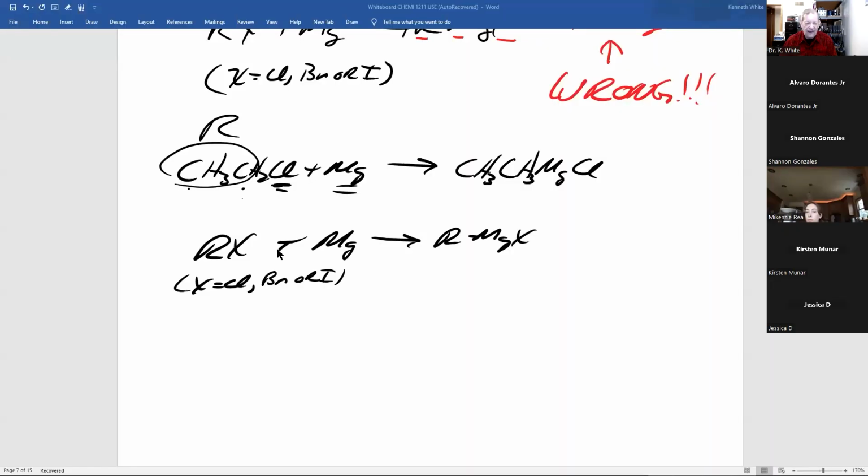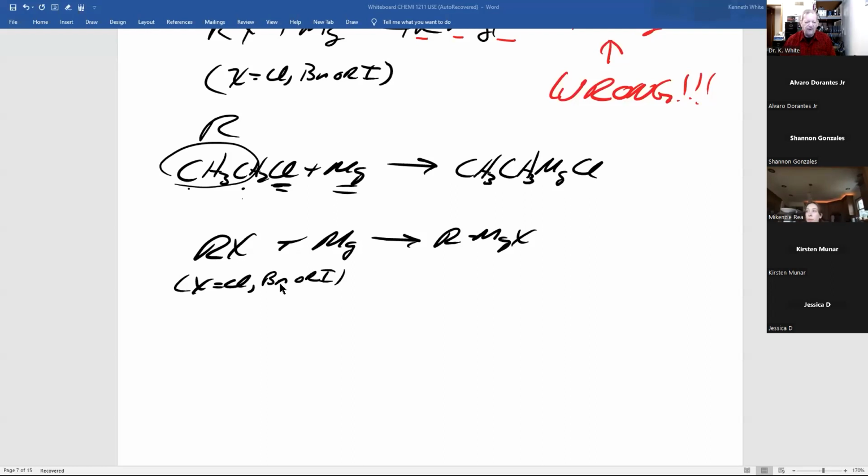All right, we're talking about how to make the Grignard reagent. You take an alkyl halide, RX, where X can be chlorine, bromine, or iodine, plus magnesium, and you form the Grignard.